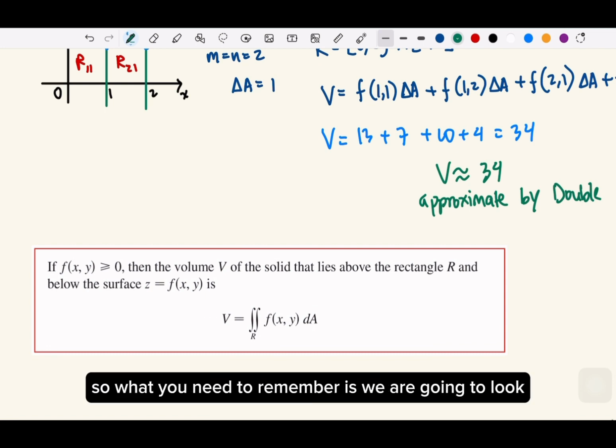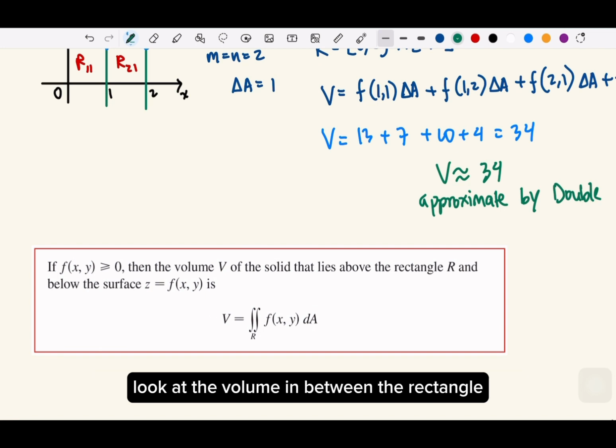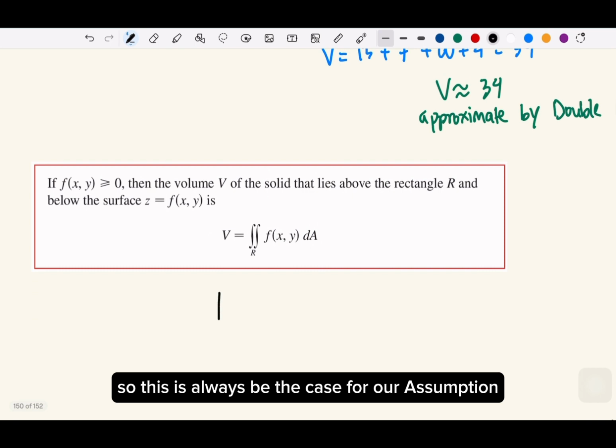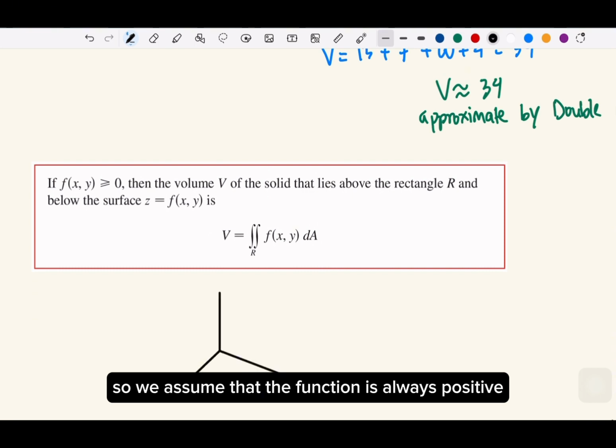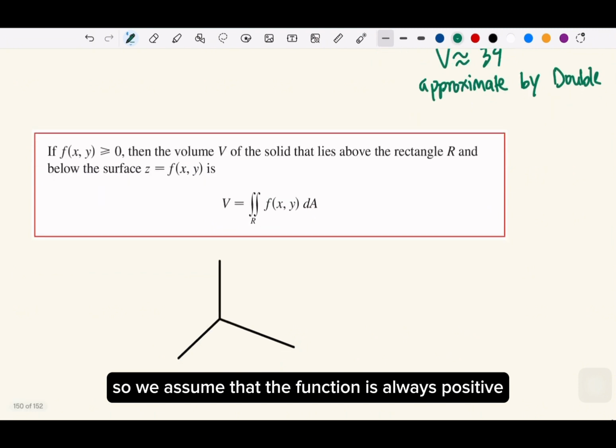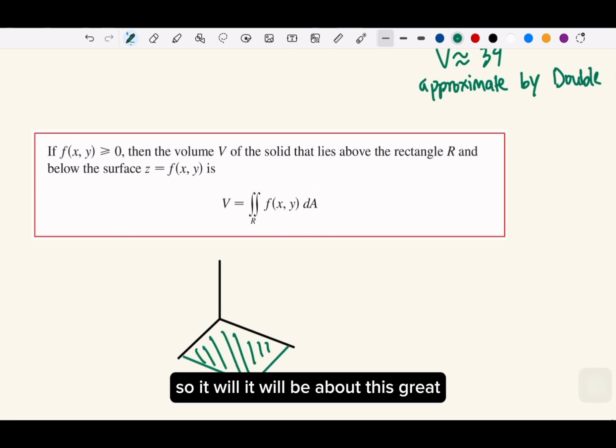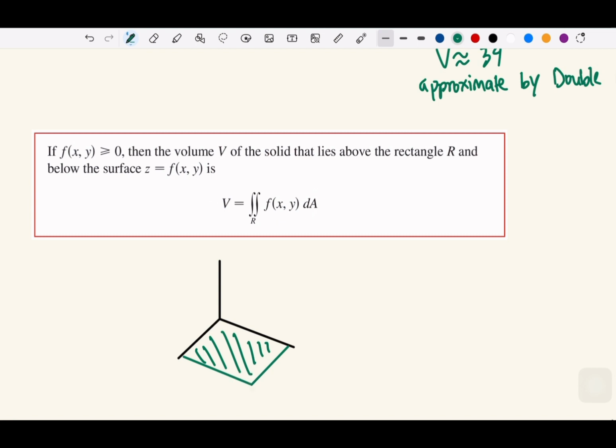Basically the same thing. What you need to remember is that we are going to look at the volume in between the rectangle and the surface itself. This is always the case for our assumption. We assume that the function is always positive, meaning that if this is the xy plane, the surface will be above this plane.